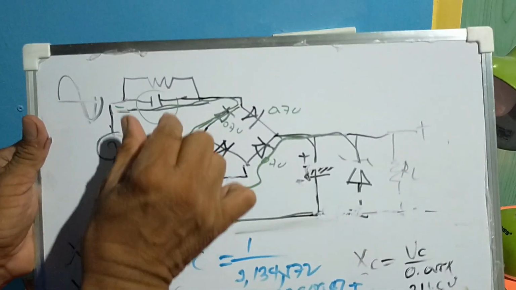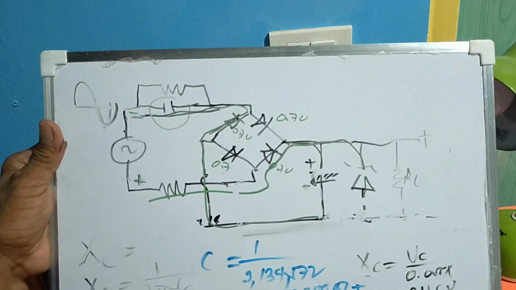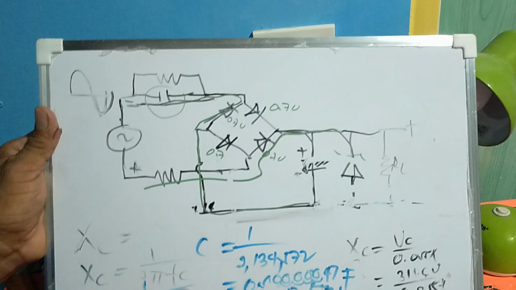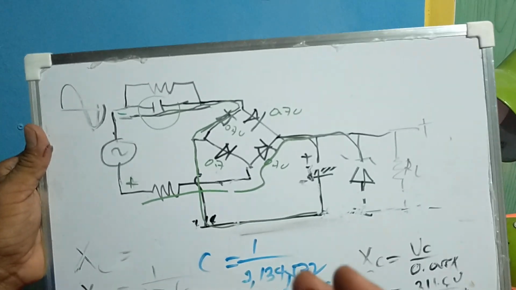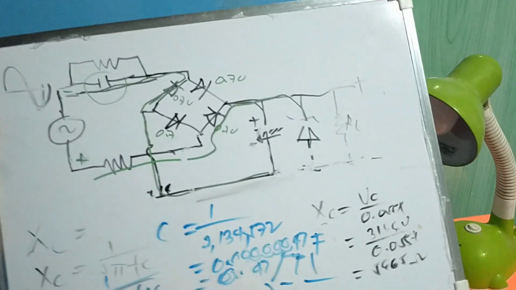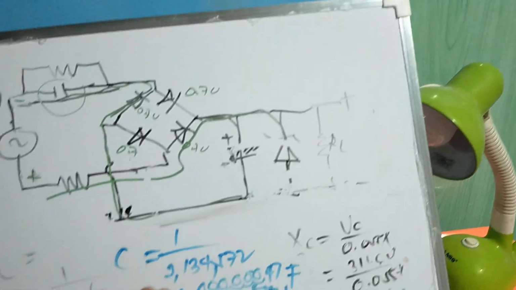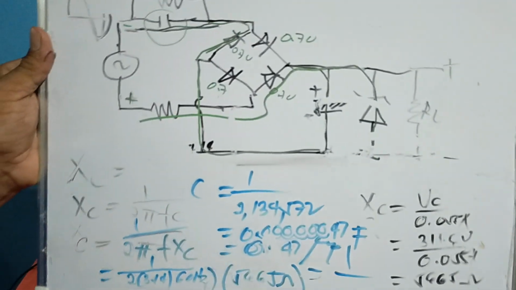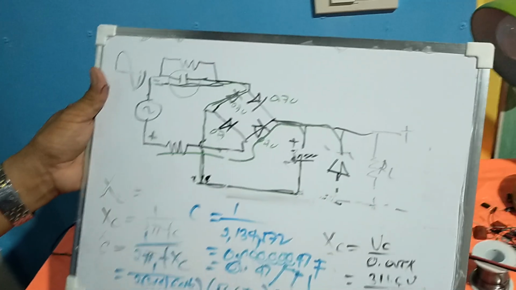So the working voltage of the capacitor should be higher than the voltage at the input. That is why we are using 630 volts, or you may have 400 volts, as long as it is not lower than 325 volts at the input.